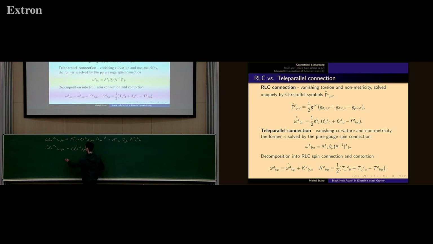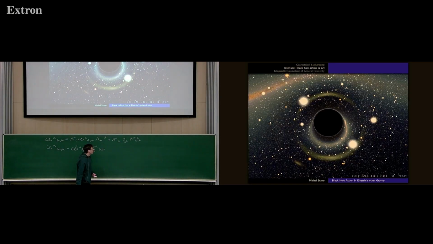And it turns out that the teleparallel connection can be decomposed into the RLC connection plus what is sometimes called the contortion tensor, which is just a linear combination of the torsion tensor. Okay, so hopefully now we get a nice understanding of the geometrical background behind teleparallel geometry.